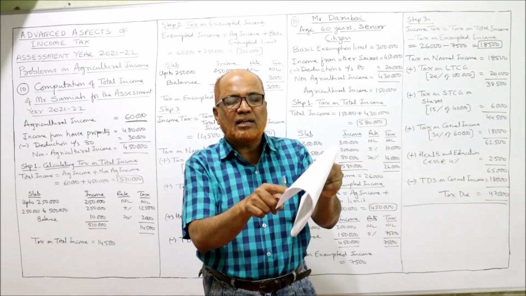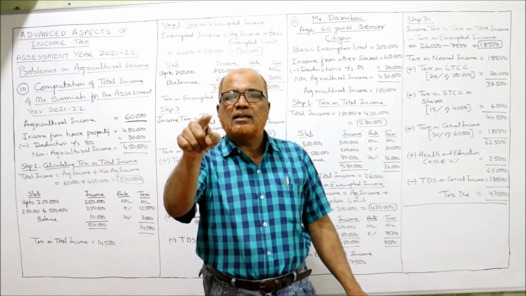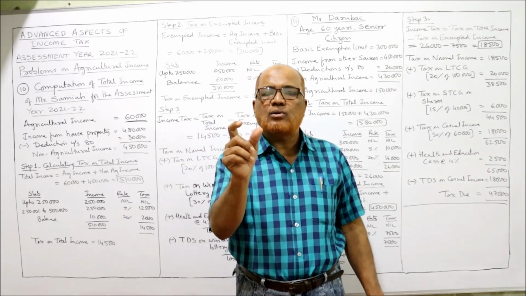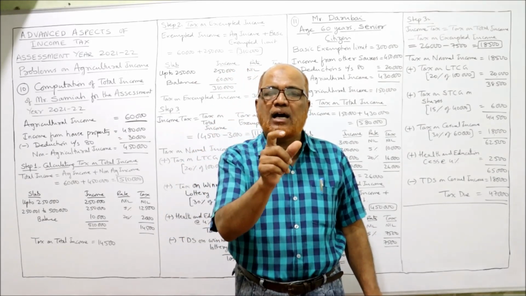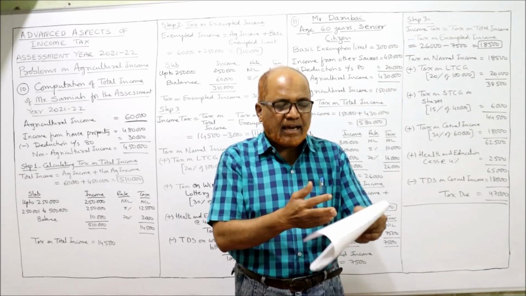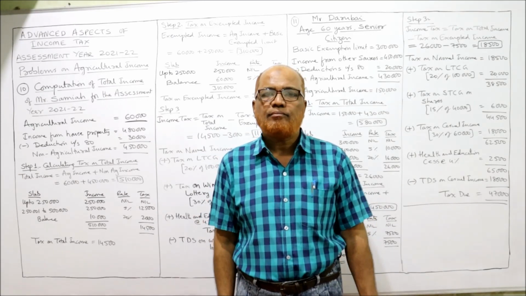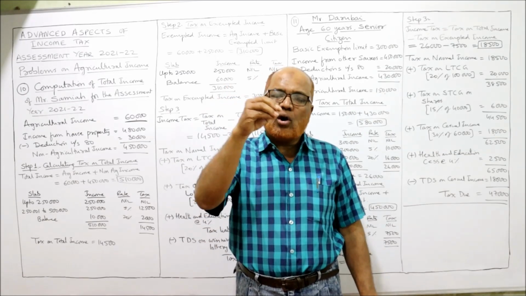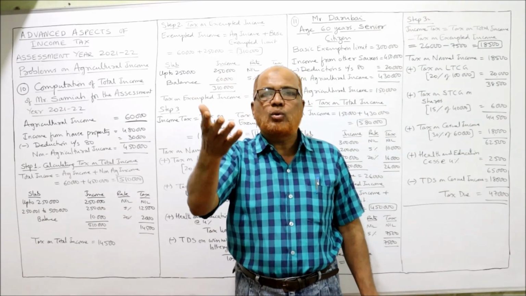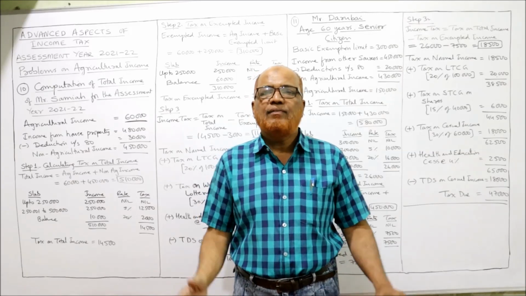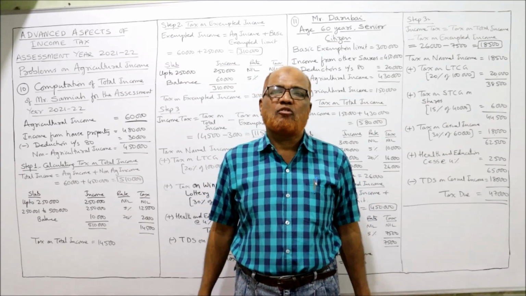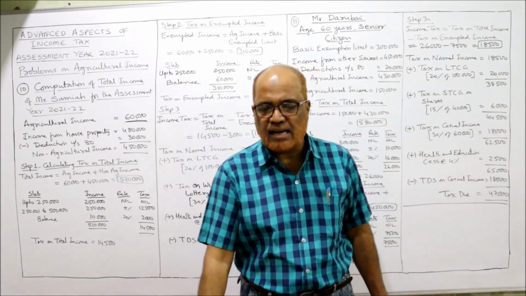The deductions are 30,000, so 4,80,000 minus 30,000, so 4,50,000 is the non-agricultural income, and agricultural income is 60,000. When agricultural income is more than 5,000 and non-agricultural income is more than 2,50,000, then we can club. The clubbing provision will apply, the integration provision will apply to calculate the tax liability.